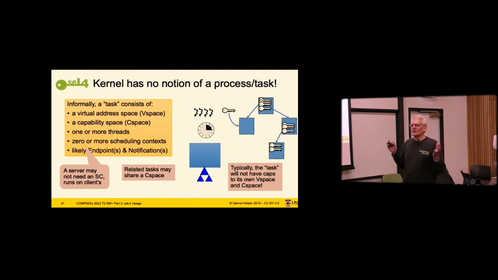In general, there's probably no good reason to share C space across V spaces. You probably want to give everything that has its own address space also its own C space. But you can build more arbitrary models by having the two separate. Okay? Questions on this?